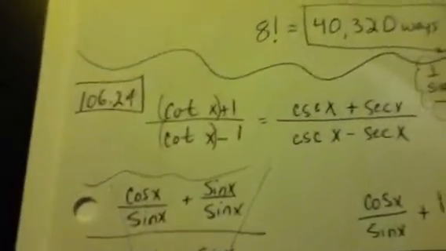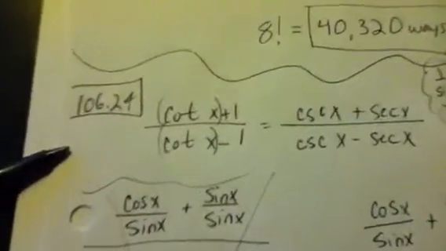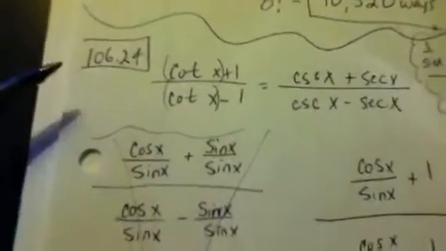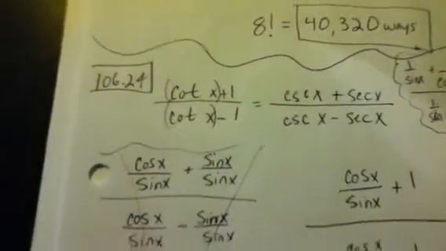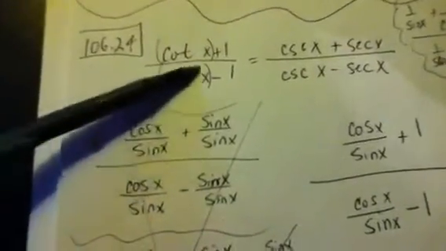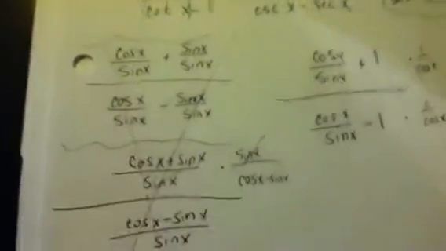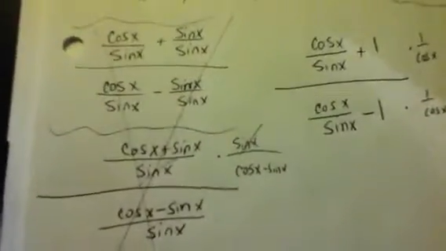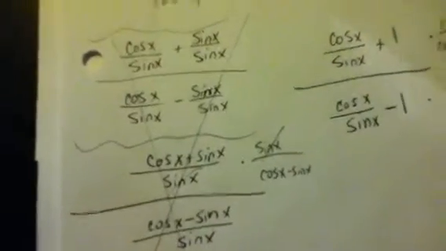So the first thing, like I said, is I remembered that cotangent is cosine over sine, and then I thought, oh, a lot of the times it wants me to do common denominators, because it seemed like that was a little theme that it had. So I wrote 1 as sine over sine, so I'd have a common denominator. Maybe this would have worked if I had kept pursuing it, but I got stuck.